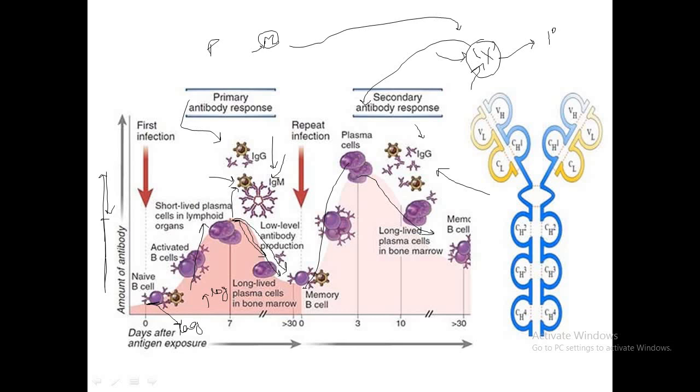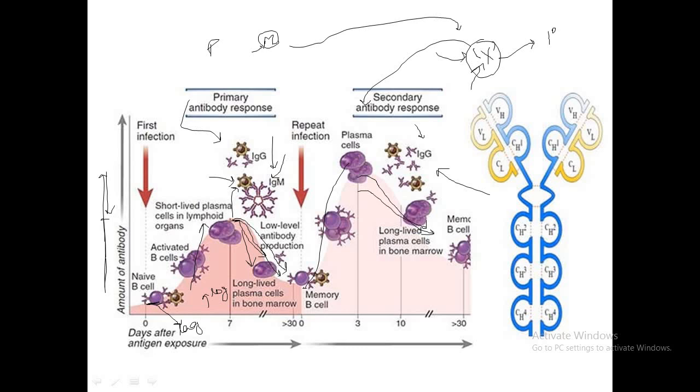The concentration of antibody in the serum will decrease because some of the antibody that has been produced will get eliminated with the antigen. Okay, but since the concentration of antibody during the secondary antibody response is very high, we will not observe a very sharp decline in this antibody graph, which we noticed in the primary response. Okay, so the concentration of antibody was very low and the decline was very sharp. However, here the decline is not very sharp.